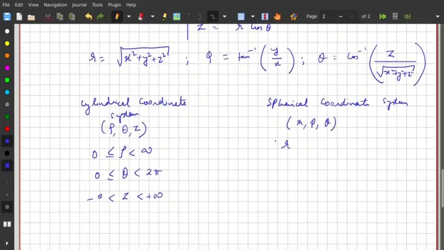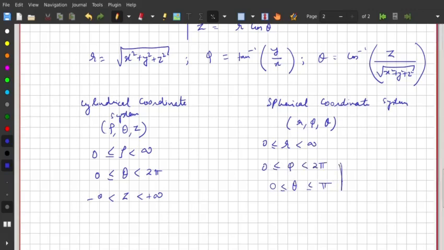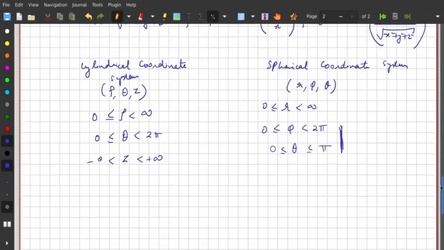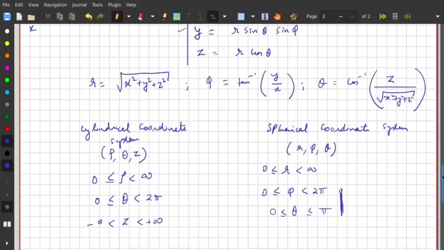So r goes from 0 to infinity, phi is 0 to 2 pi, and theta is 0 to pi. So it's bounded in two directions now, because a surface of constant r represents the surface of a sphere in the spherical coordinate system.